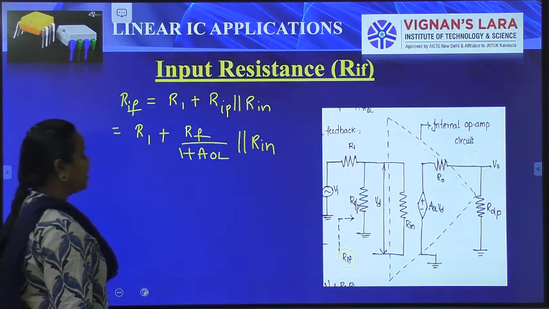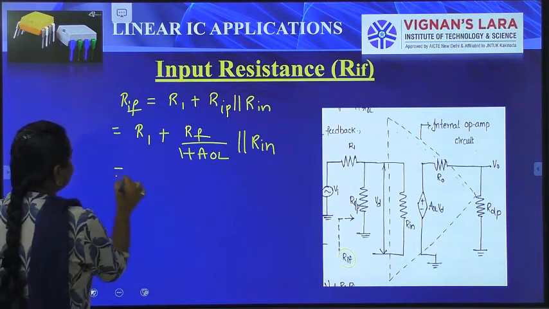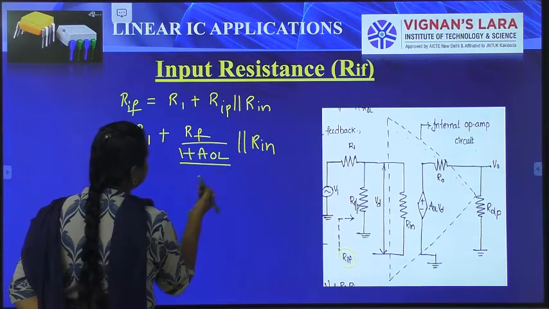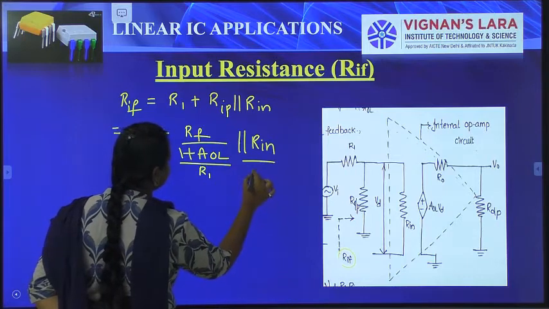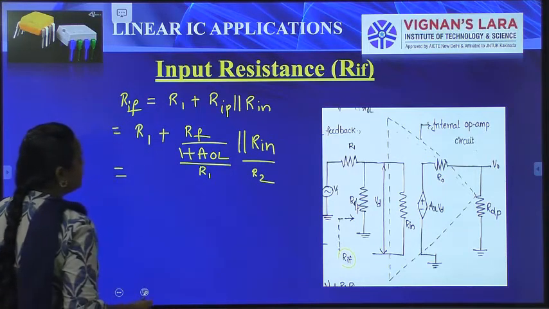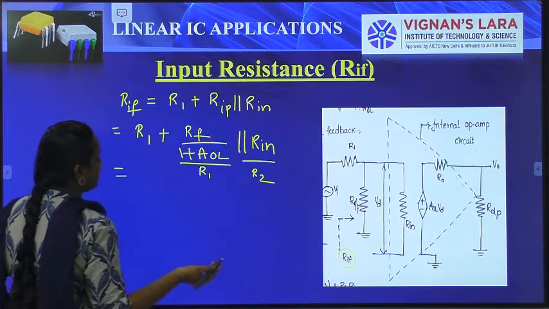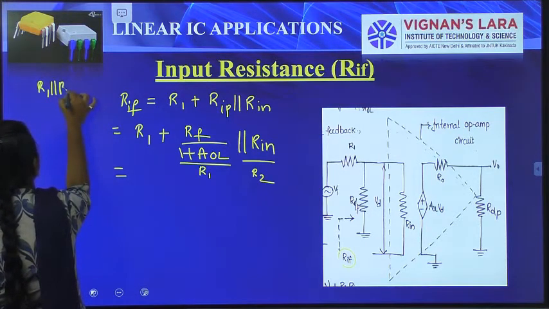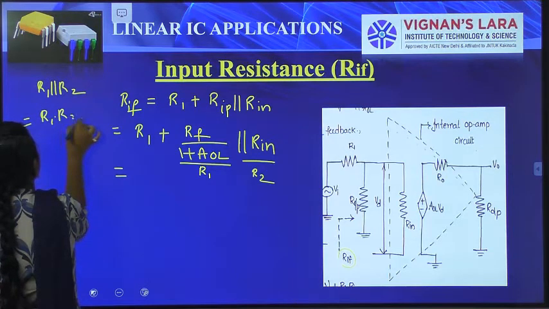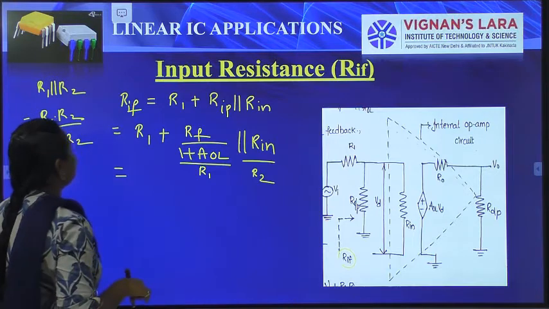Is parallel to R. So for simplification purposes, this is considered as R1 and this is considered as R2. When R1 is parallel to R2, we can write simply R1 into R2 by R1 plus R2, from the parallel formula.